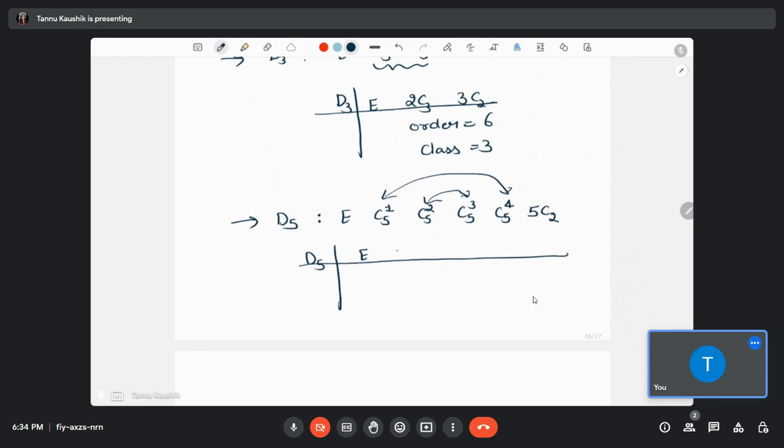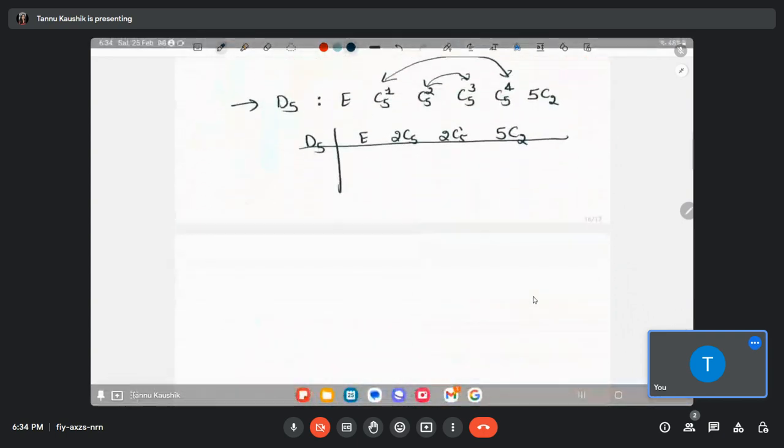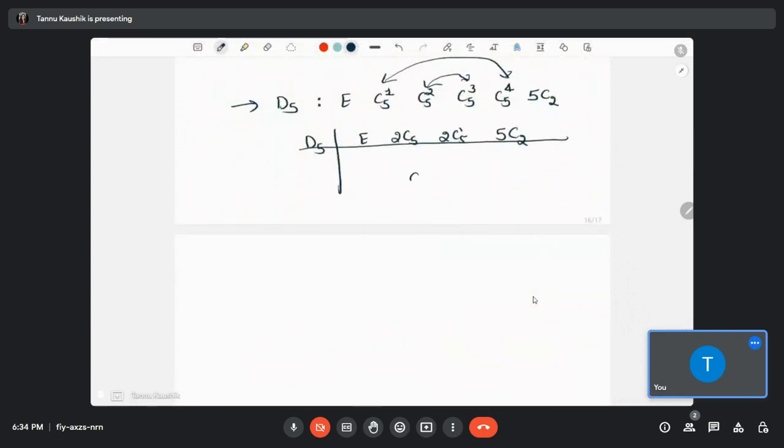So it will be represented as E, 2C5, 2C5 prime, and then 5C2. So the order is 10, but the number of classes is 4.